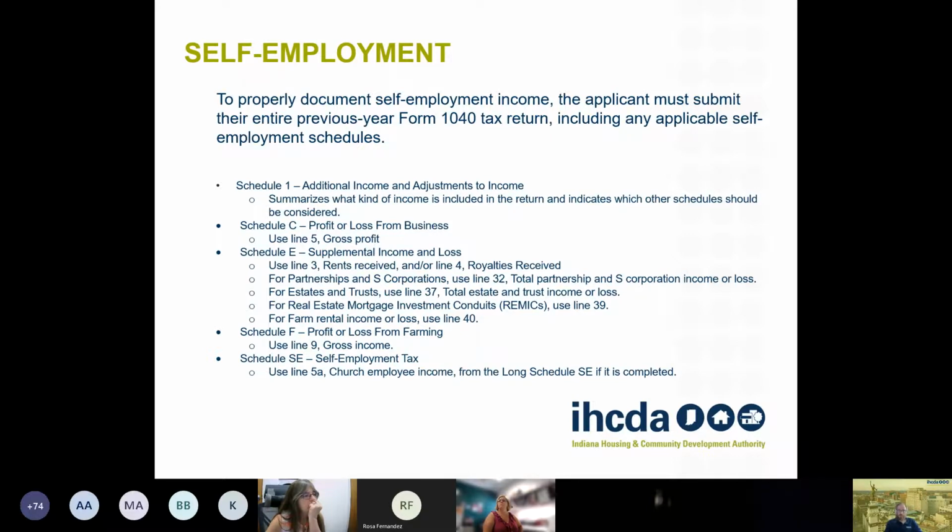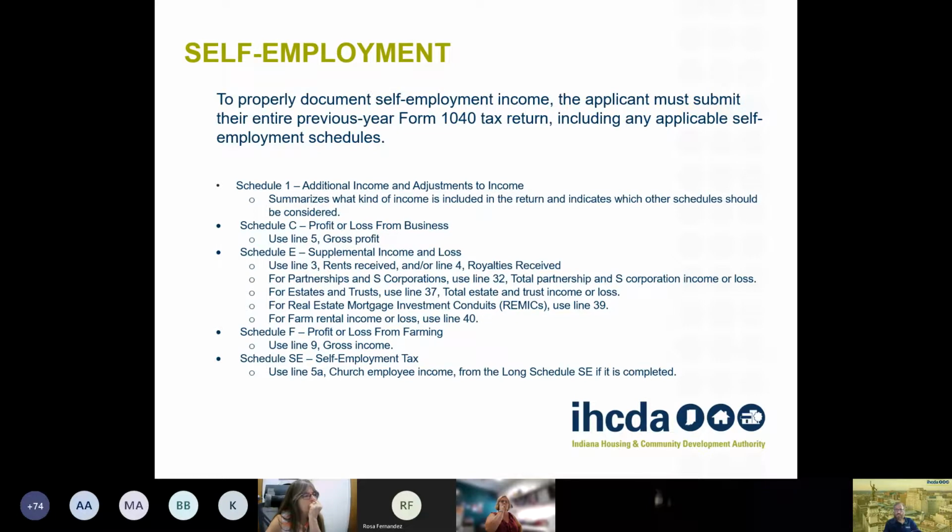Partnerships and S corporations, that would be line 32, which is total partnership and S corporation income or loss. I don't know that I've ever seen anything on line 37, 39, or 40 in any of our applications, but those are the other 3 lines on a Schedule E that indicate income that we would be counting.